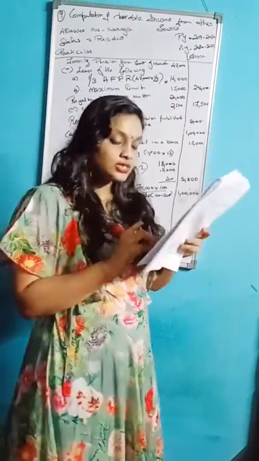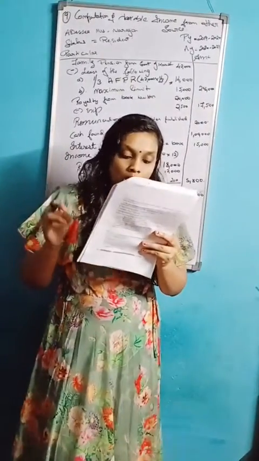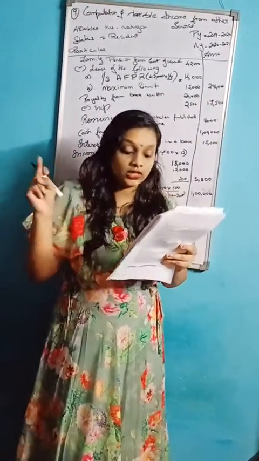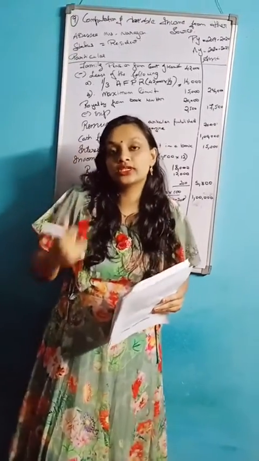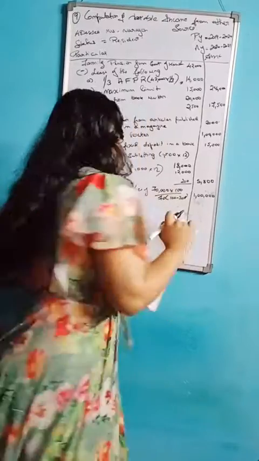Next one is winning from horse race, rupees 35,000. It's more than 10,000, so we should calculate TDS.